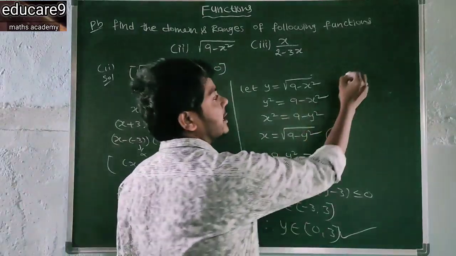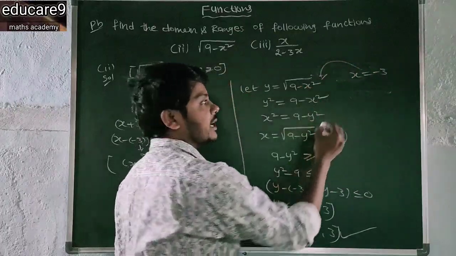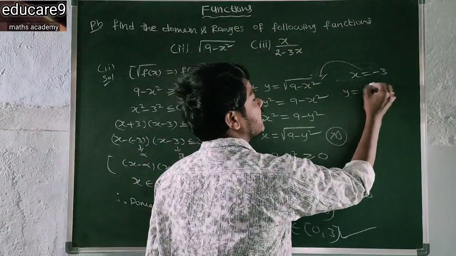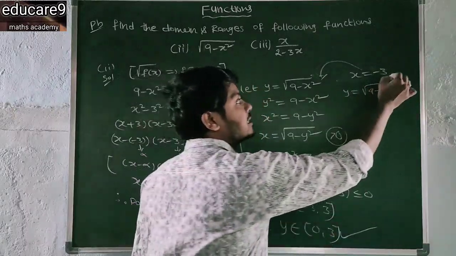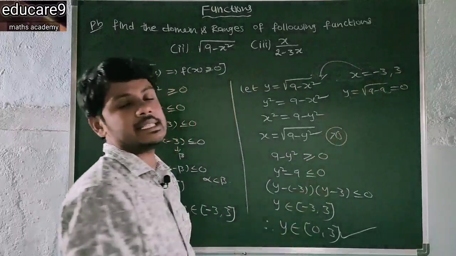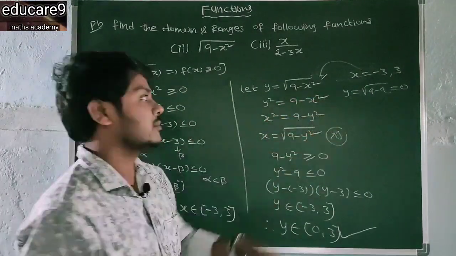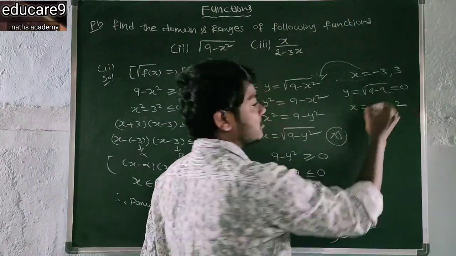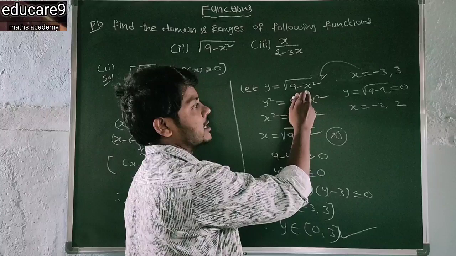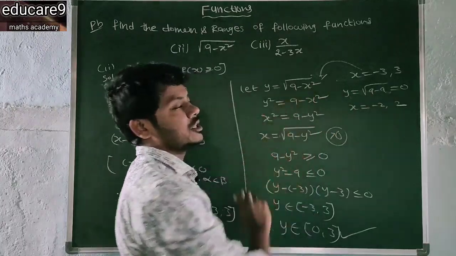See here, at x equal to minus 3, substitute here, what do you get? y is equal to under root of 9 minus 9, which is 0. At x equal to 3 also you will get the same output, that is 9 minus 9 is 0. And at x equal to minus 2 comma 2, x equal to minus 2 whole square is 4, at x equal to 2 also 4, and 9 minus 4 is 5.